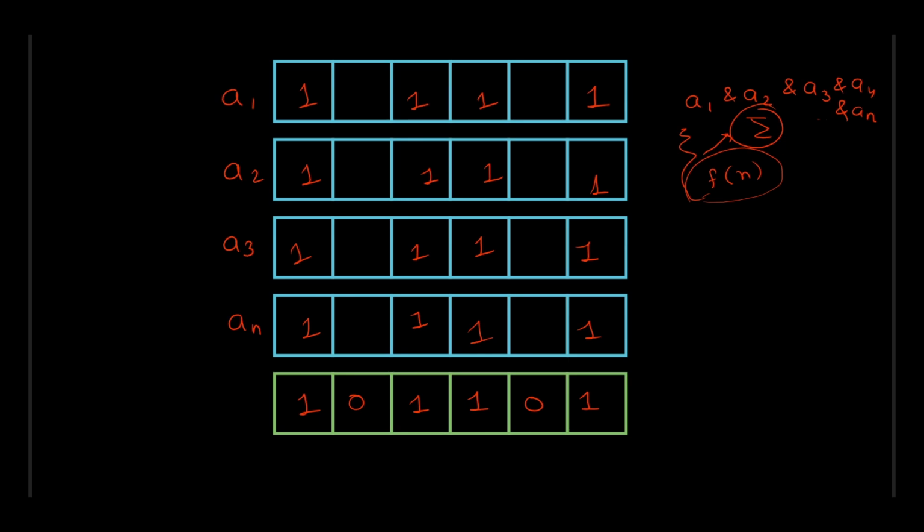But why is this working for us? Because this number can be simply expressed as 2 to the power 0 into 1, plus 2 to the power 1 into 0, that is gone, then 1 into 2 to the power 2, plus 1 into 2 to the power 3, plus 1 into 2 to the power 5.